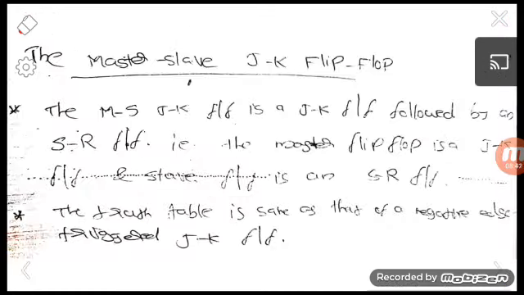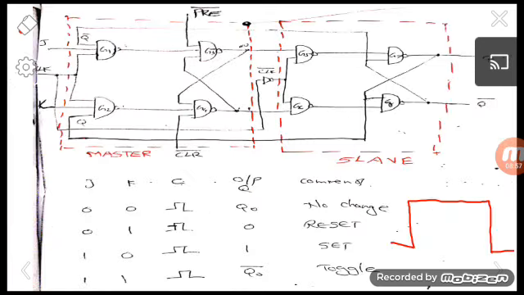We have already discussed the master slave JK flip flop. For the master slave JK flip flop, the JK flip flop is followed by an SR flip flop. This is the JK flip flop, followed by an SR flip flop here.